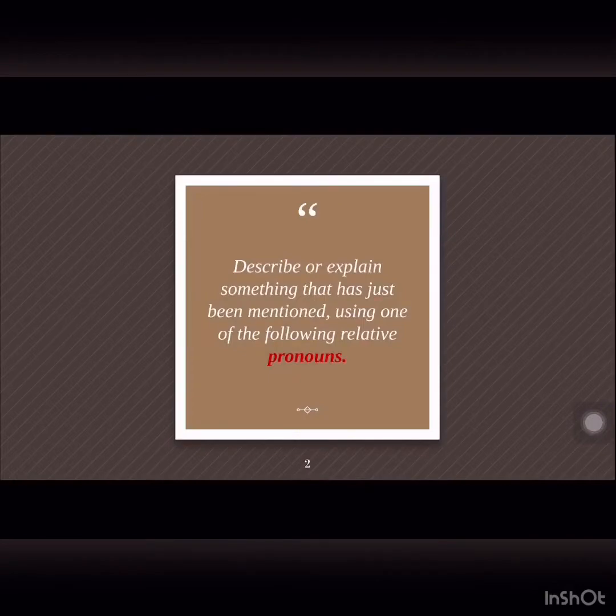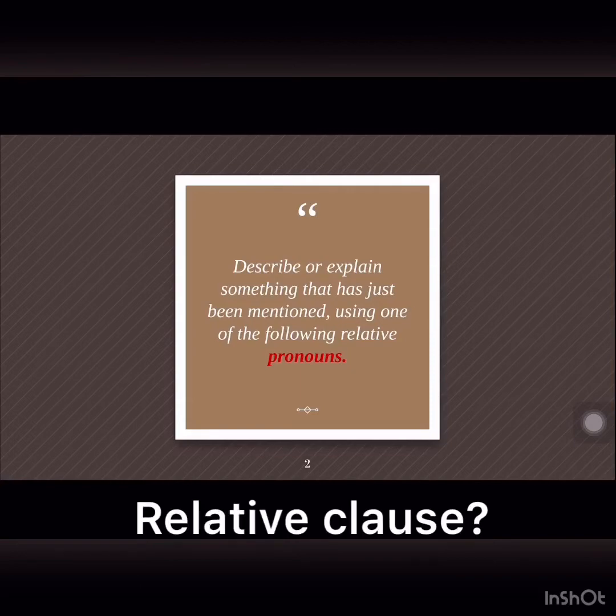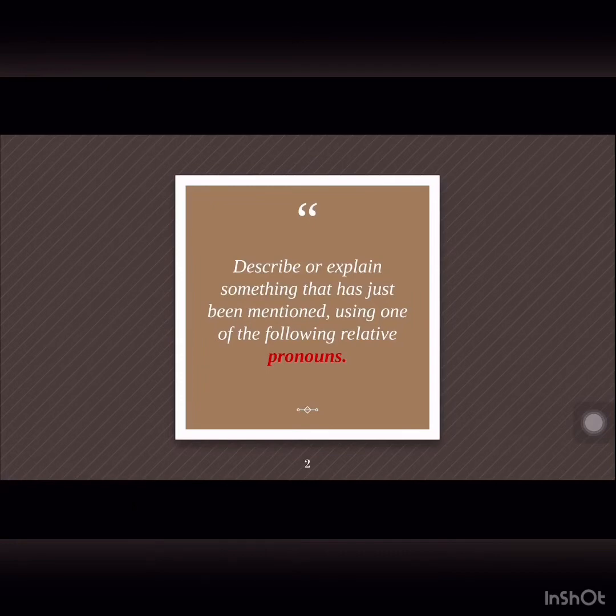So it's in your textbook, page 122 and 123. Before I start, I want you to know what a clause is. A clause is like a sentence, but what is a relative clause? Which is very pertinent to today's topic.